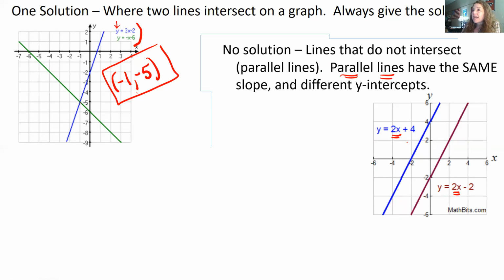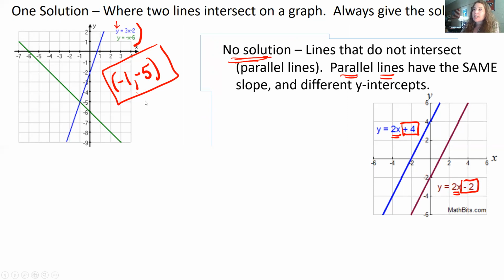So both of these lines have a slope of +2. The slope of both of these lines is +2. They do have different y-intercepts. They must have different y-intercepts, but they will always have the same slope. So if you end up with two parallel lines, your answer will be there's no solution because those lines will never intersect, never.